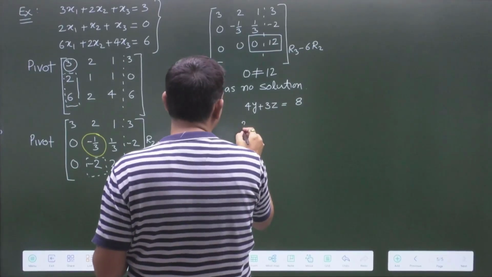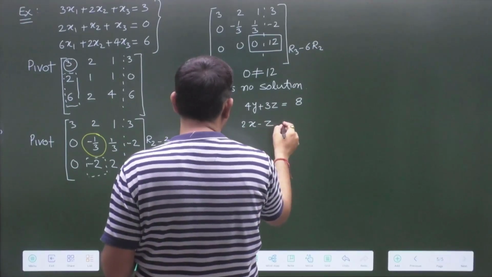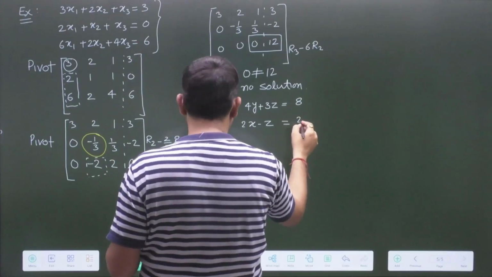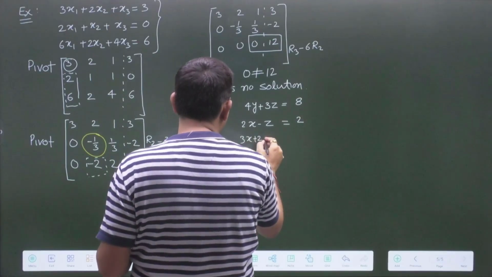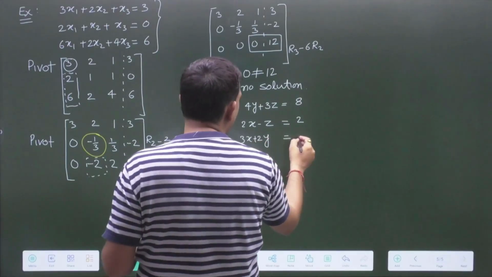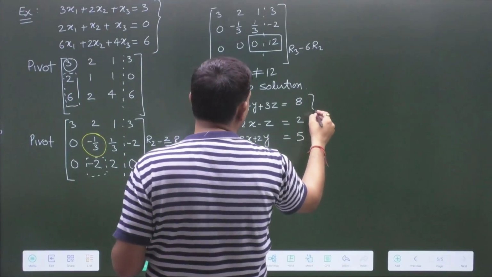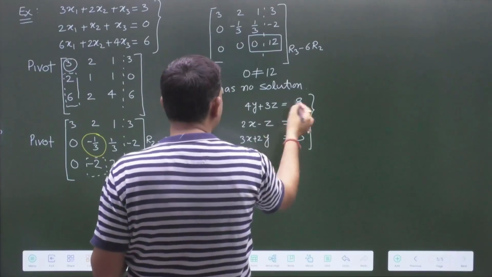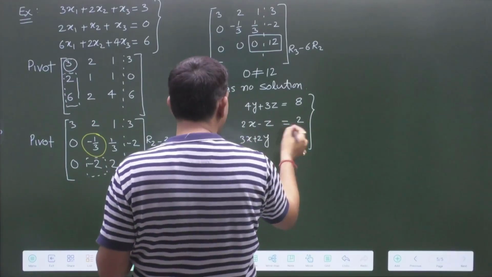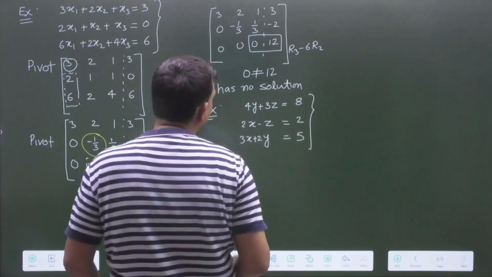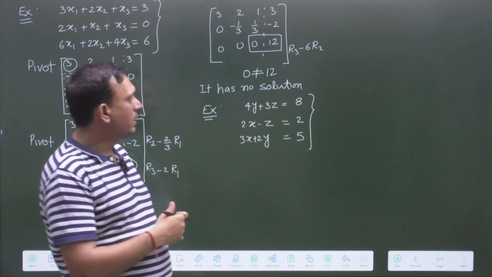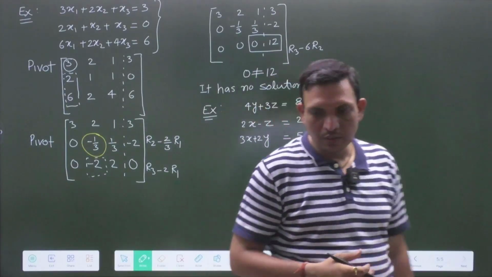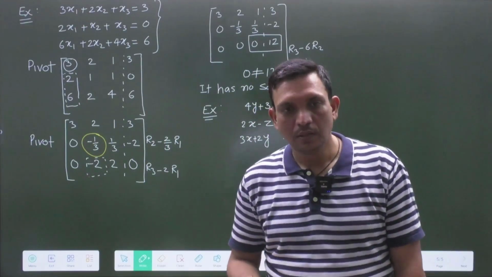Then you have 2x minus z is equal to 2 and 3x plus 2y is equal to 5. Now you have to check whether it has unique solution, infinitely many solution, or no solution.